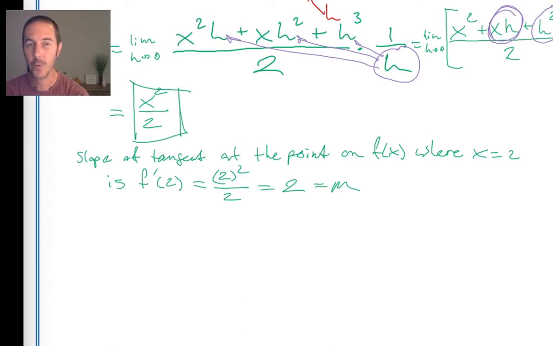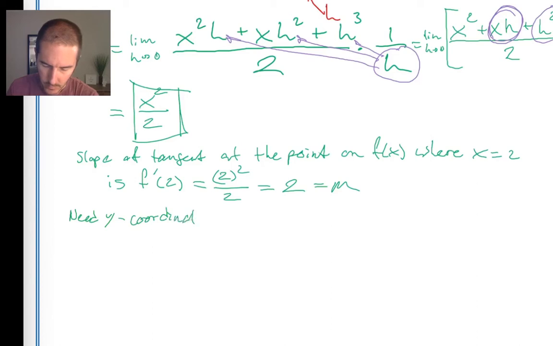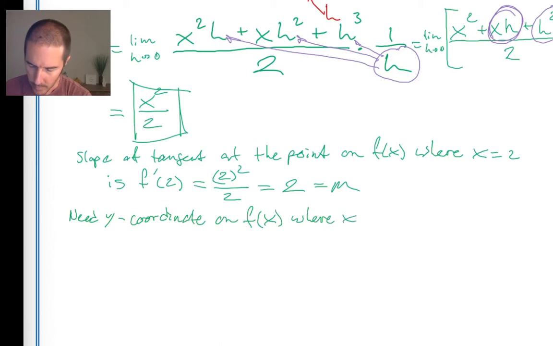We know the x-coordinate of that point, but we need the y-coordinate also. So I'm going to write down: need y-coordinate on our original function f of x, where x equals 2.